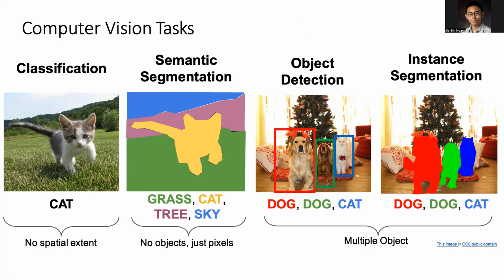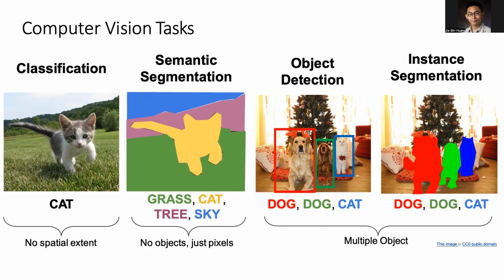Another problem is when you have multiple objects. It's not just about segmenting out pixels, so what you want is really to group them up. Instead of saying that all of these pixels are dogs, you want to say these are one dog and these are another dog. So being able to detect objects is also a core problem in computer vision.